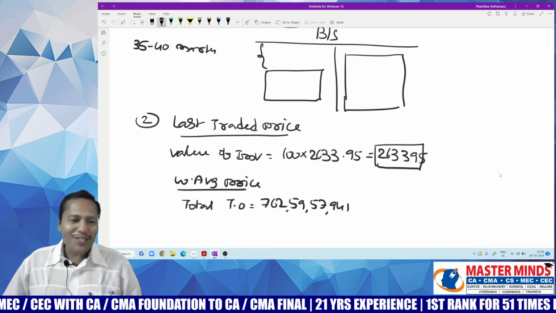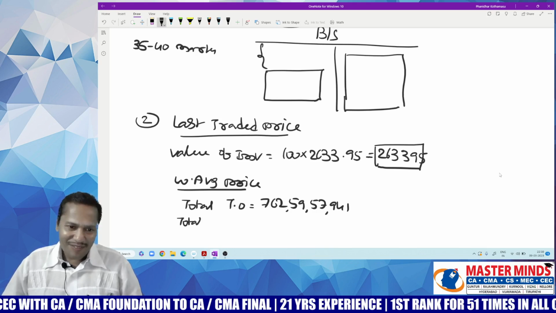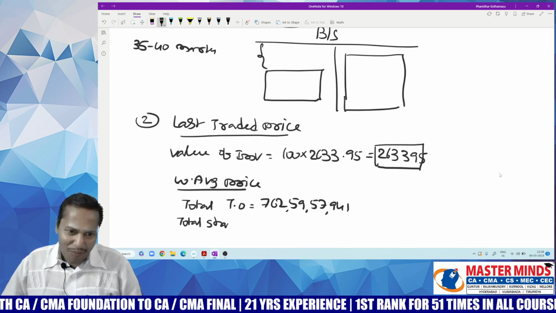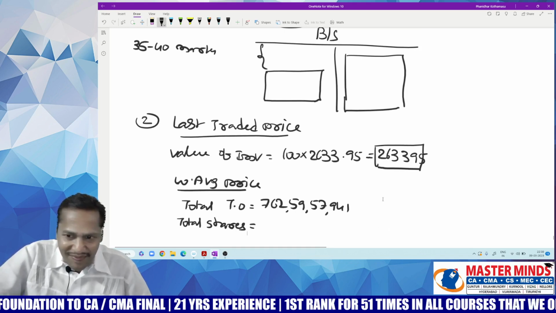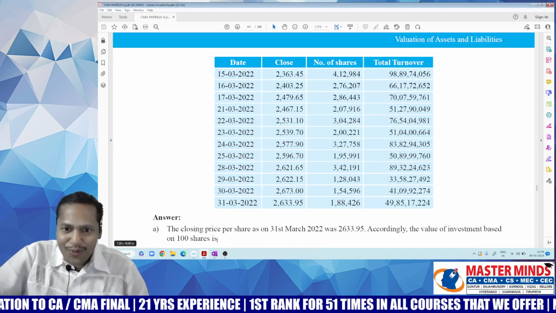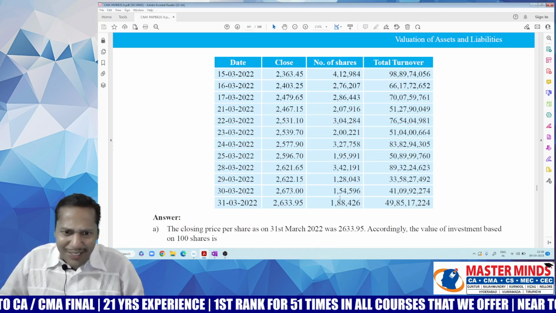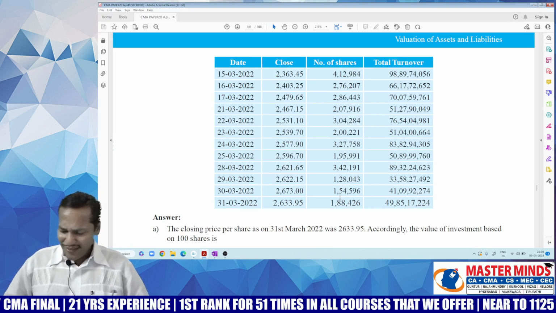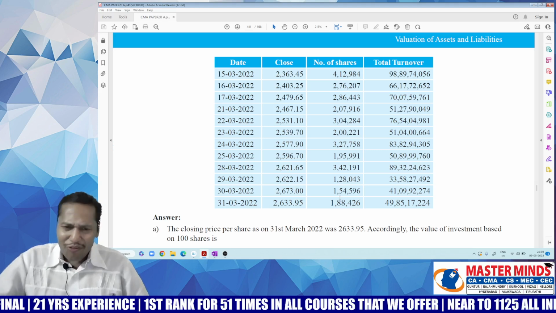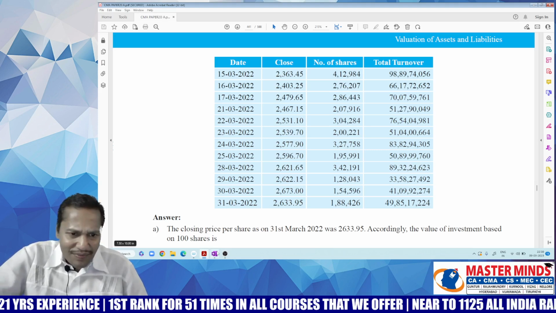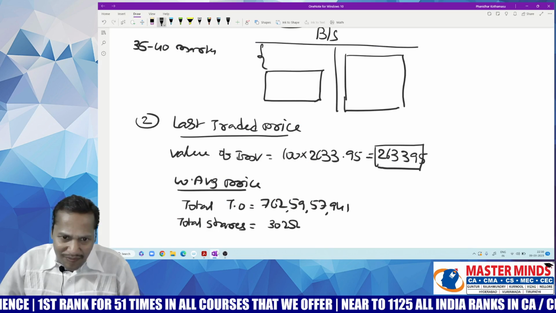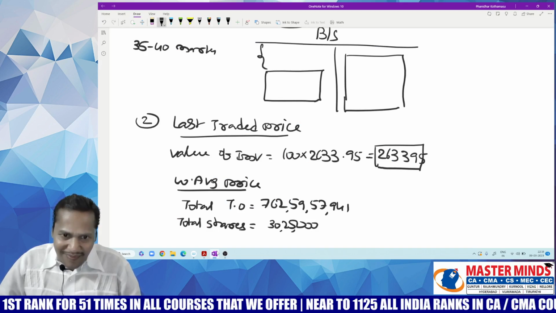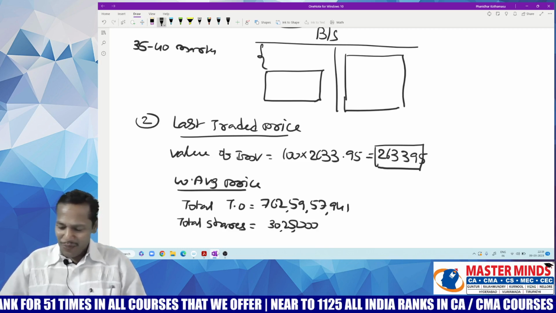Total number of shares traded. This comes to total of all these shares, 12 days put together, 30 lakh 25,000 shares. Then the weighted average price.